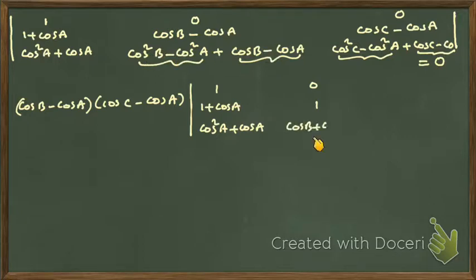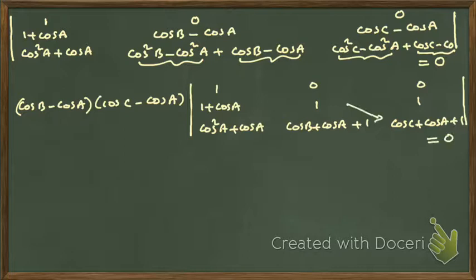So I'll get cos b plus cos a plus 1. And in the next place, cos c minus cos a is taken out, so 0. Cos c minus cos a is taken out, so 1. Cos c minus cos a is taken out, so balance will be cos c plus cos a and plus 1. Of course, this is equal to 0.